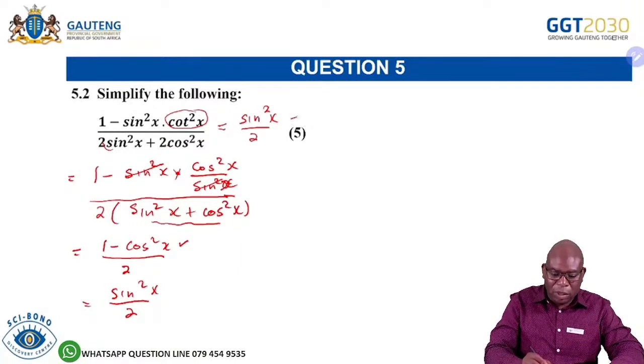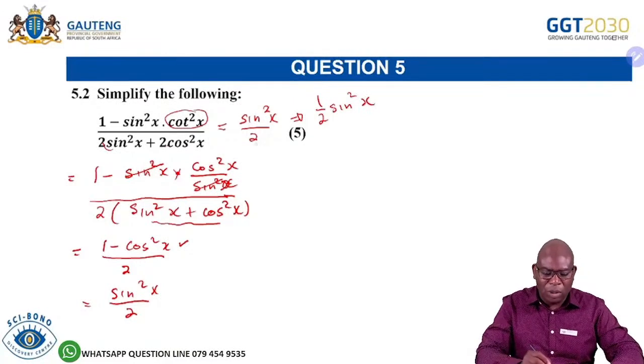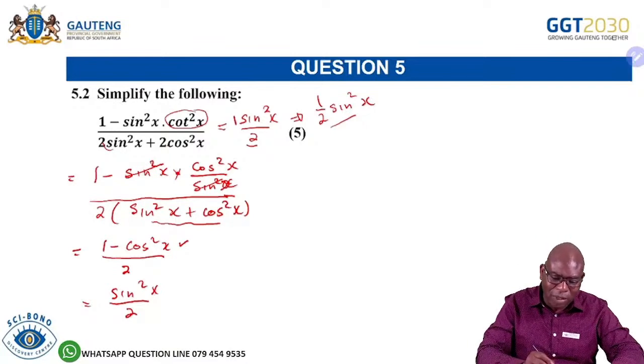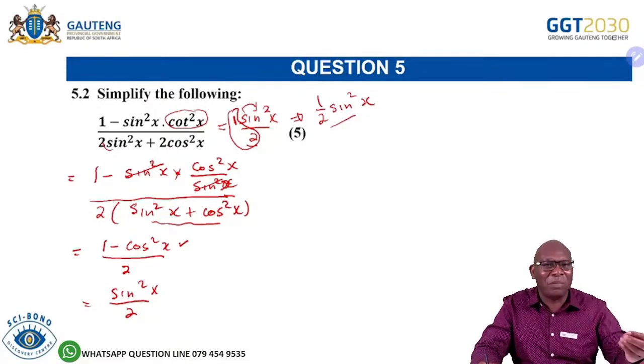I know they like to trick us, then they can say, prove that this is half sine squared x. Oh, and then from there you say, oh no, will this one and that one be the same? Doesn't look like it, but they are the same. So remember there's a 1 here, so it's 1 over 2 multiplied by sine squared x. These are some of the basics that we have done in grade 8 and 9.